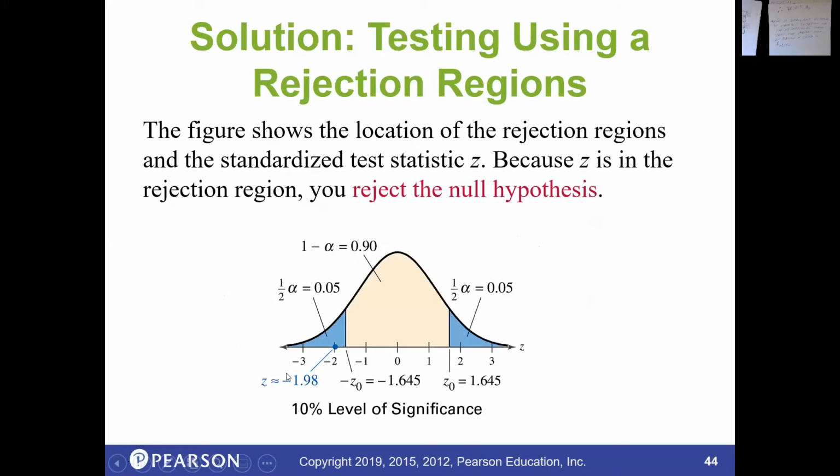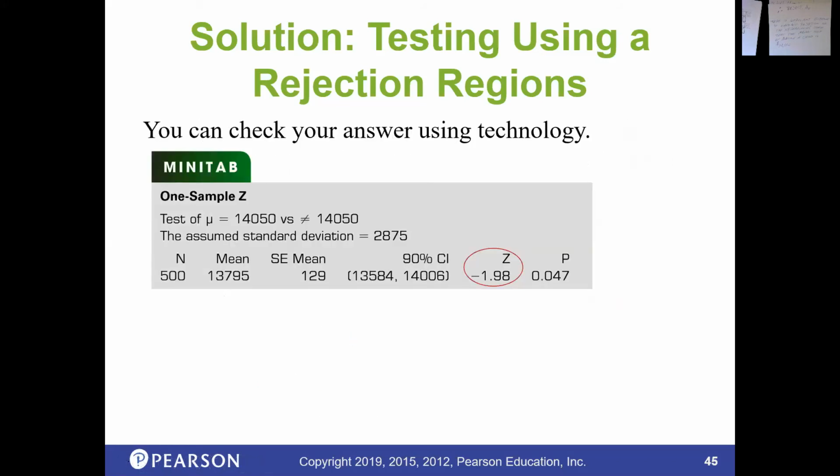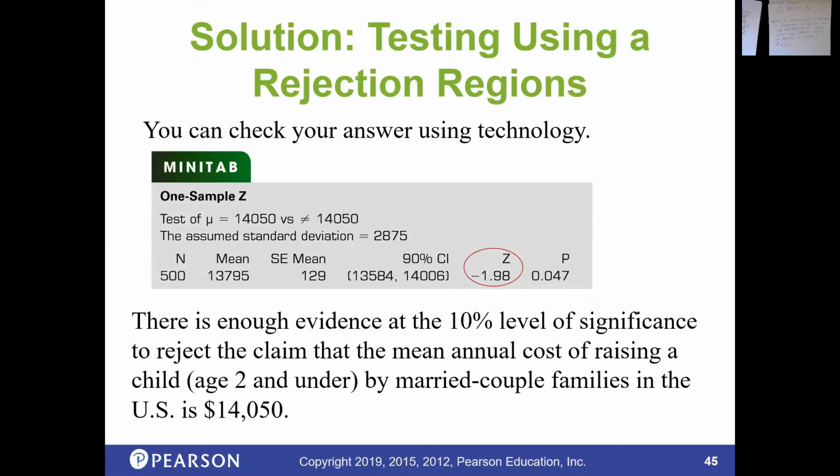See where the test statistic lands on your figure. Here, it's over here on the left in this blue area. That is the rejection region, so our decision is reject the null hypothesis. So there's enough evidence at this level to reject the claim that the mean cost of raising a child is $14,050. All right, and we're finished.